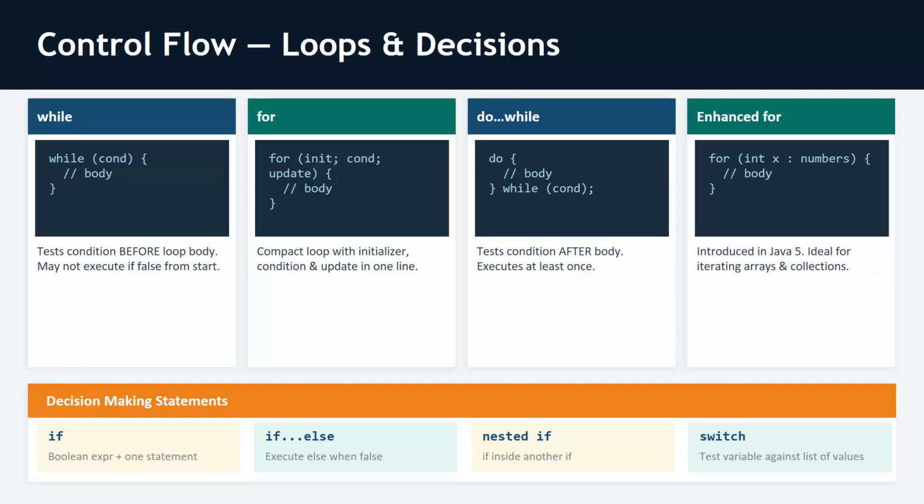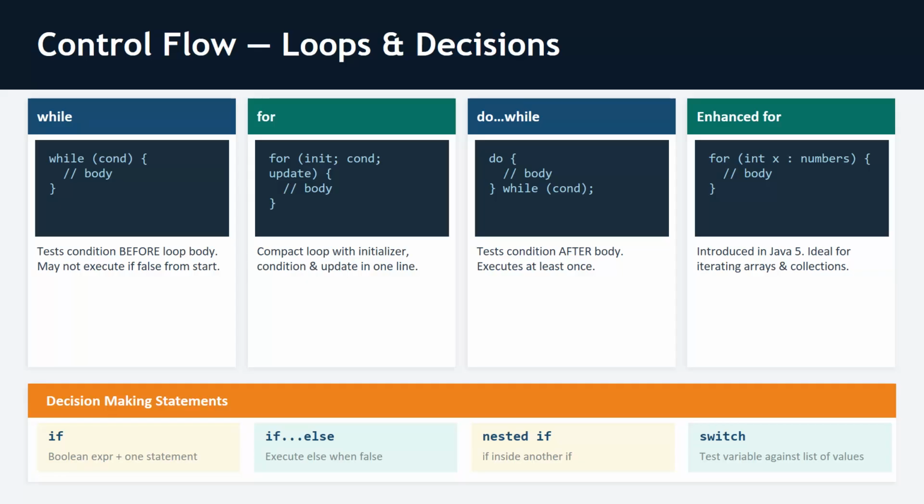Then you have the enhanced for loop, which was introduced in Java 5. Mostly they are ideal for iterating over arrays and collections.